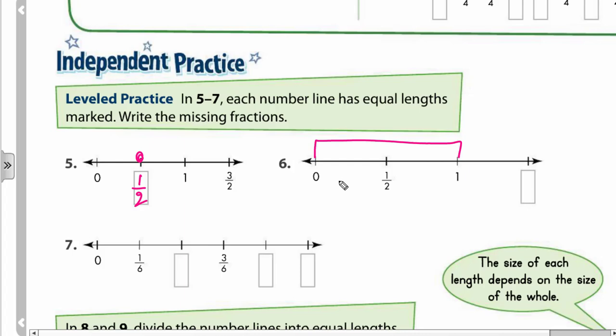Rida Sultan. Rida Sultan. Rida Al-Ali. Rida Al-Ali. Yes. Okay, in question number 6, Rida, the distance between 1 and 0 is divided into how many equal parts?